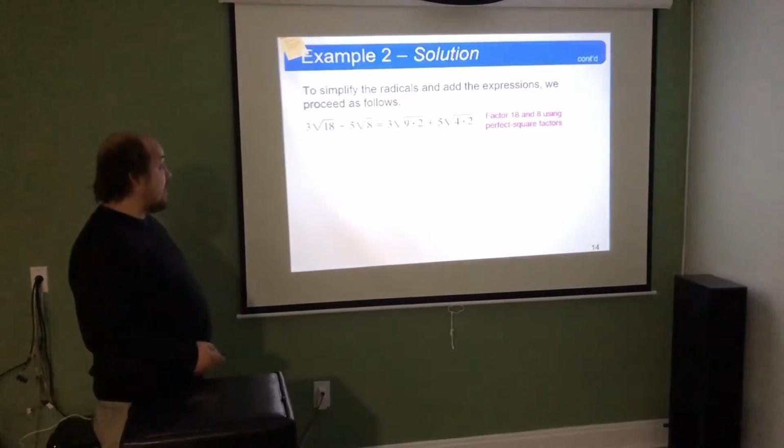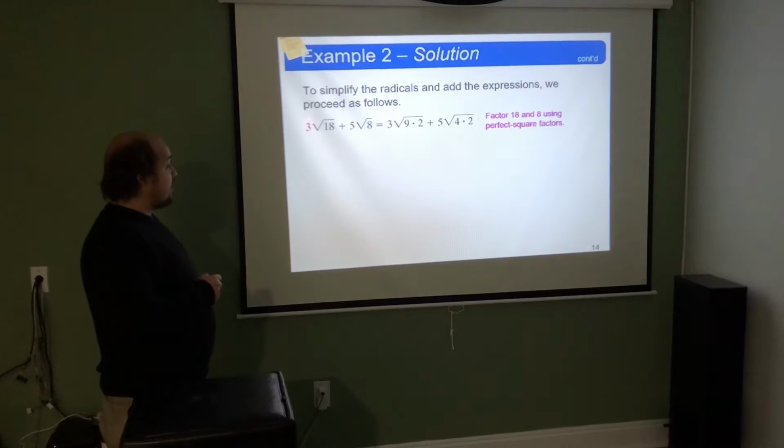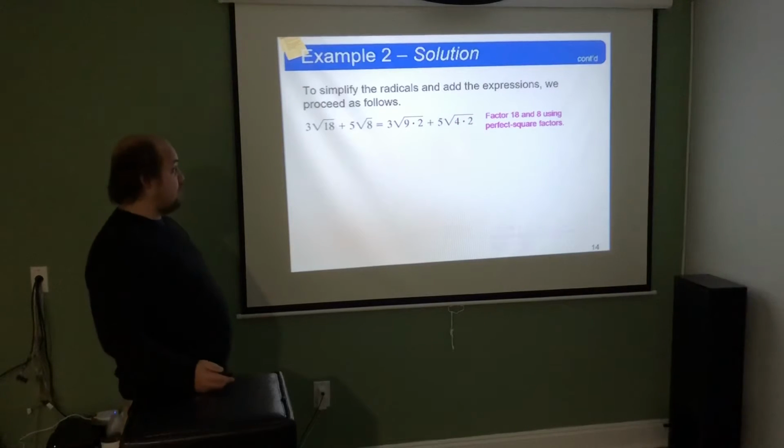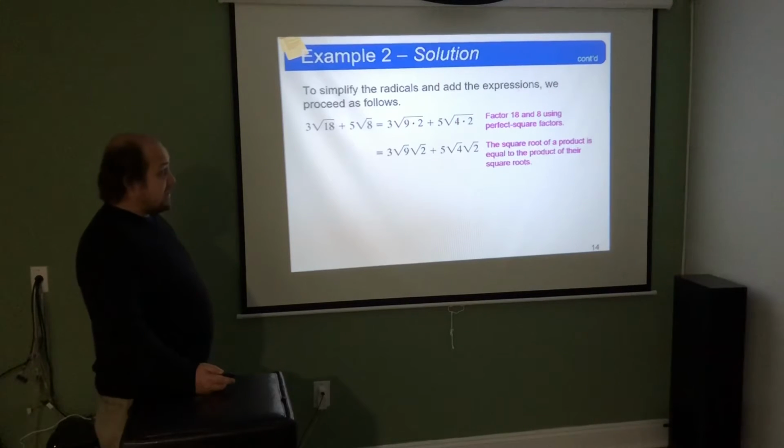So we rewrite them. The first was originally 3 times the root of 18. It's now 3 times the root 9 times the root 2. Second one was 5 times root 8. It's now 5 times root 4 times 2. When we break this up, we can take the perfect squares that are under the roots and make them multiplication problems. So where this used to be 3 times root 9, it's going to become 3 times 3 outside.